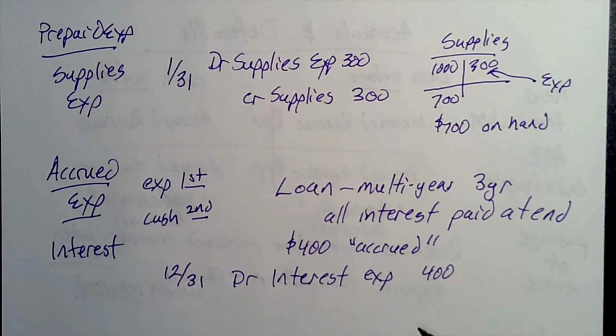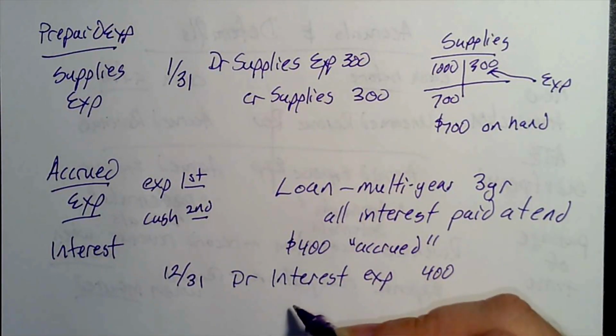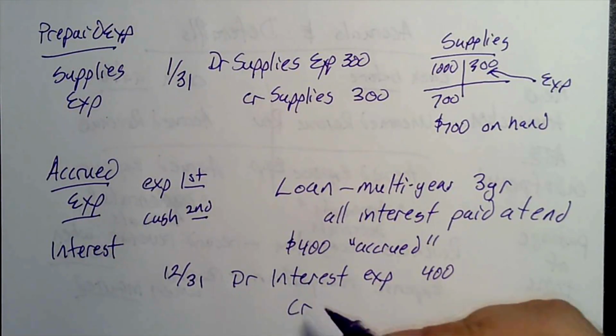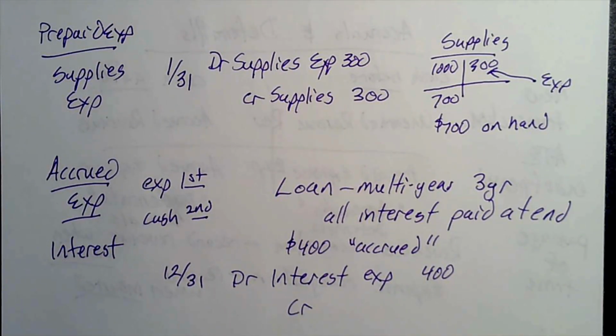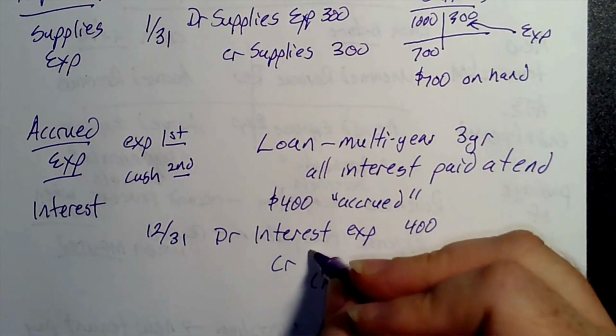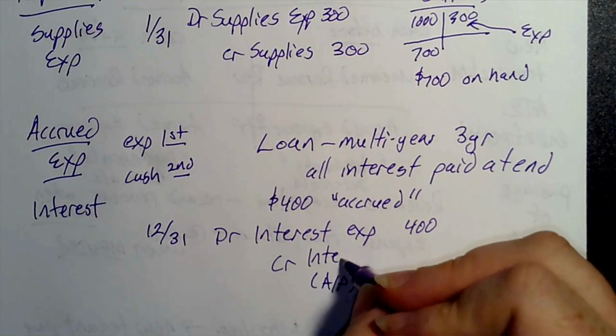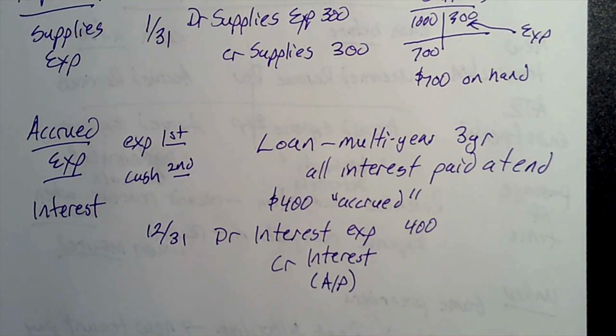But what happens when we don't pay it yet? Well, we've got a type of account for cash to be paid later. It's a type of accounts payable. But specifically here, we will start to name these according to their general classification.